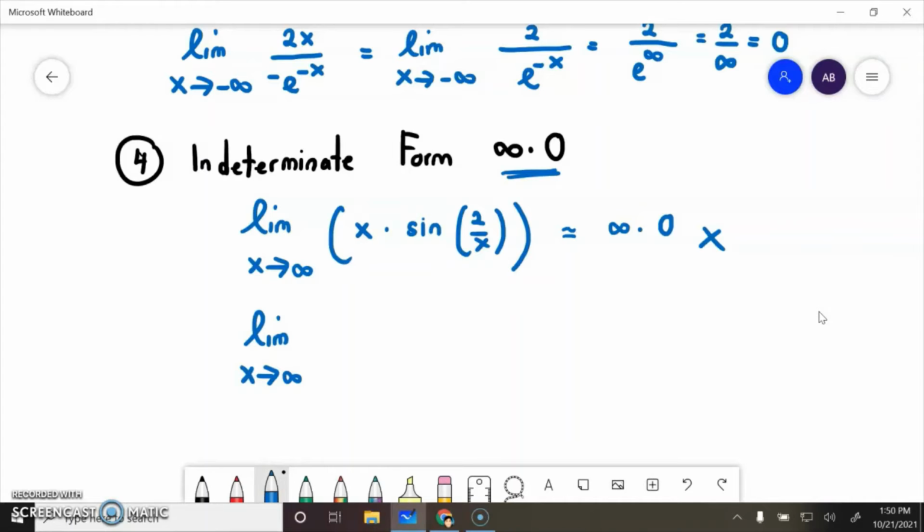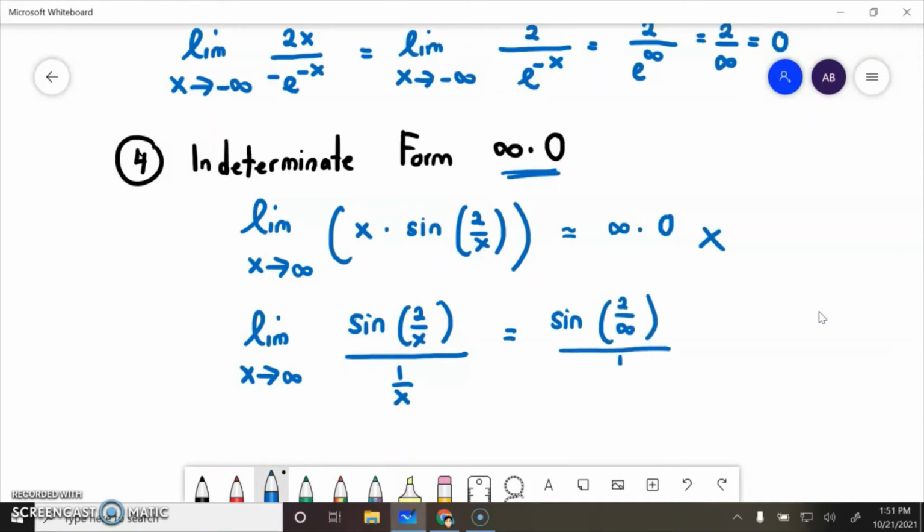How to rewrite this? I can write it as sine of 2 over x, over 1 over x. So what happened here? When x approaches infinity, now I will have sine of 2 over infinity over 1 over infinity. So 2 over infinity is 0, right? So I will have sine 0 over 1 over infinity, which is also 0.